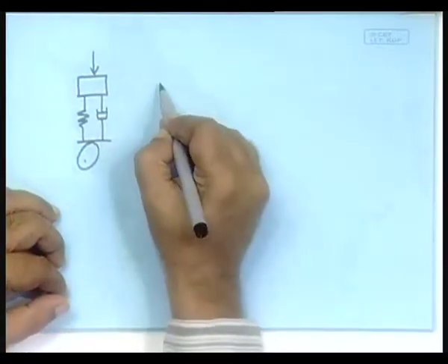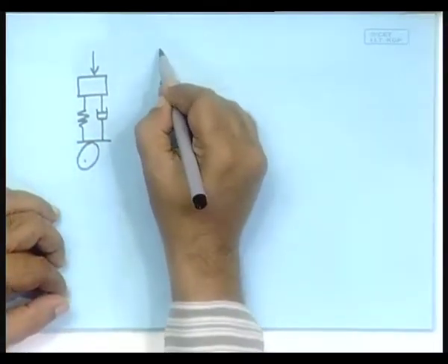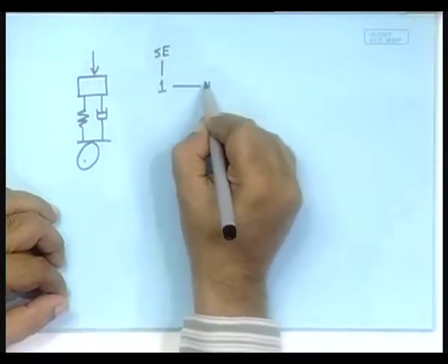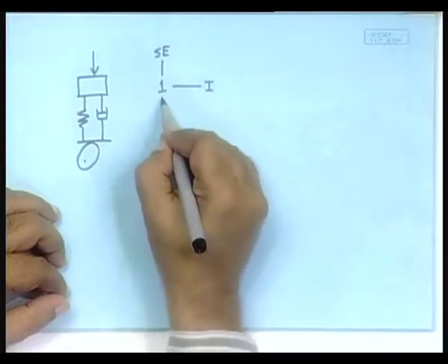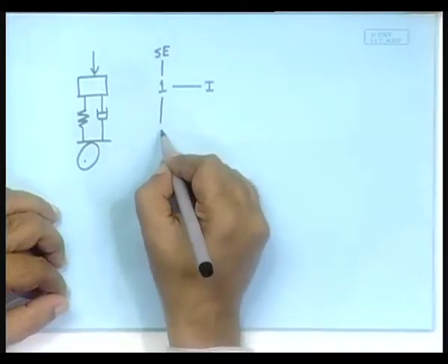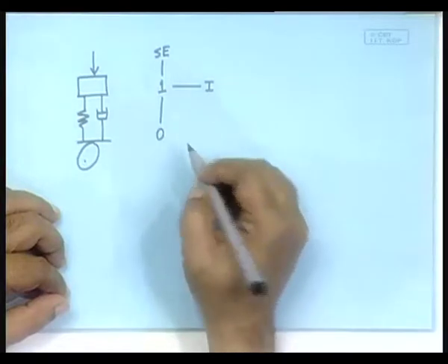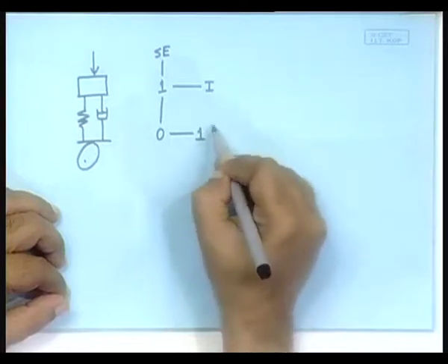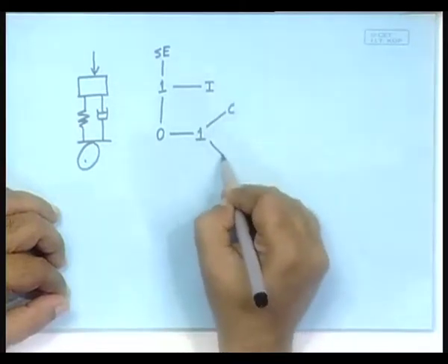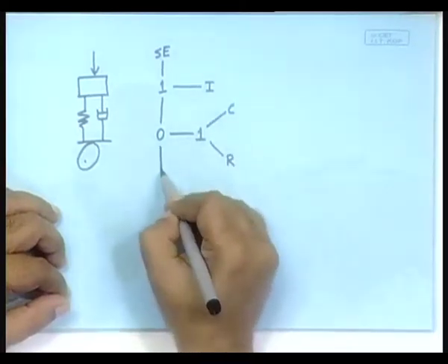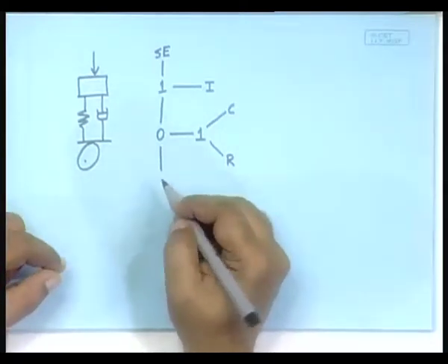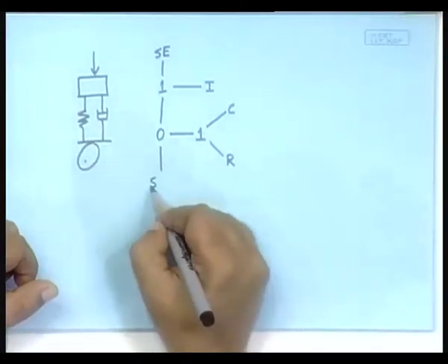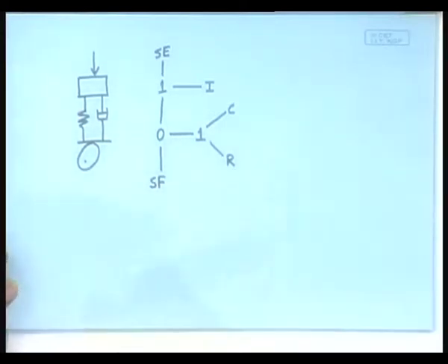Here there would be a 1 junction connected to an SE element, connected to an I element, and here it is connected to a 0 junction, and the 0 junction is connected to a 1 junction, connected to C, connected to R, and this is connected to, here there is an SF element.